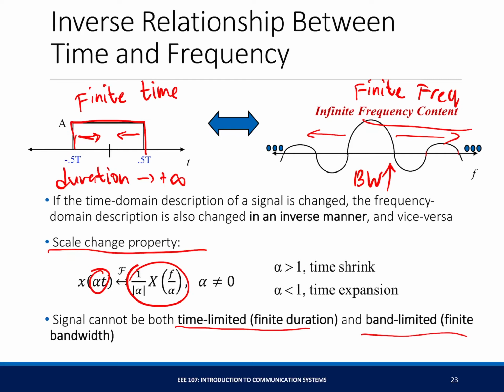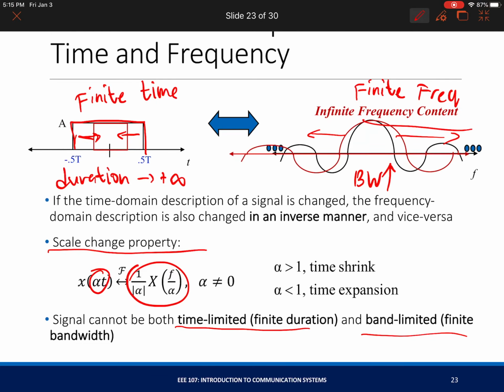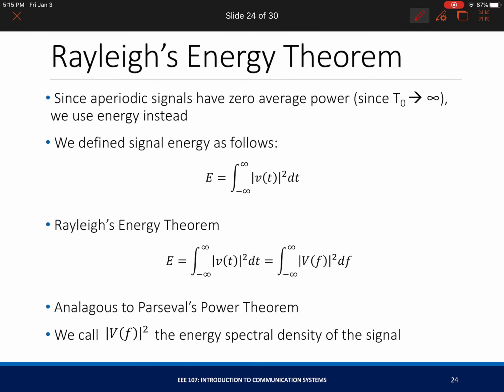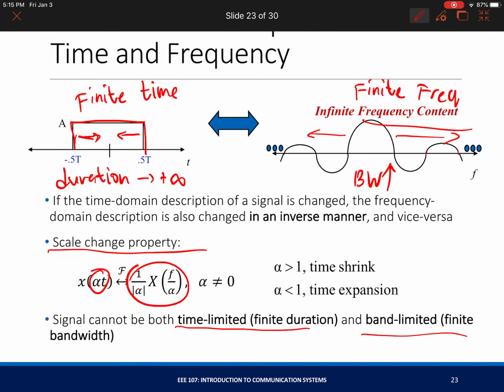Conversely, if you have a bandwidth that is finite, its time duration is infinite. Okay? And that is a fundamental property of any real signal. So this is the effect.